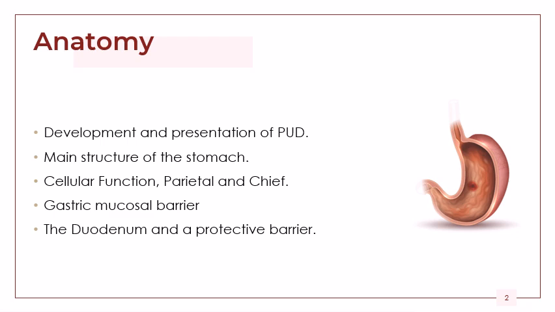Mucus cells produce mucus-rich bicarbonate that sustains the gastric mucosal barrier, which protects the underlying layers from the harsh acidic environment. In the duodenum, the lining also consists of Brunner's glands that produce bicarbonate for acid neutralization, which maintains this protective barrier.